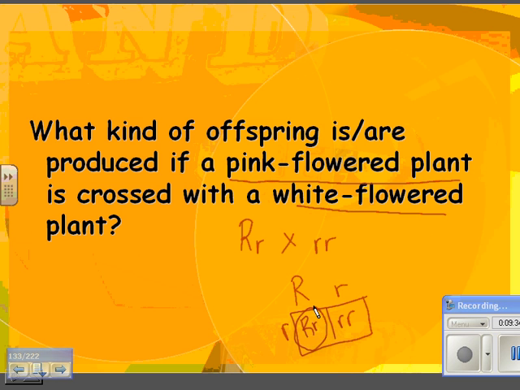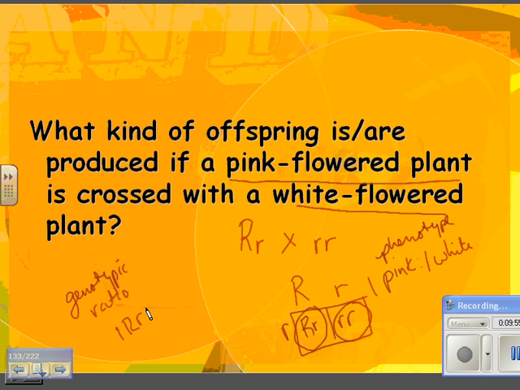So 50% of them would be pink, 50% of them would be white. So the phenotypic ratio would be 1 to 1. The genotypic ratio would be 1 big R, little r to 1 little r, little r.